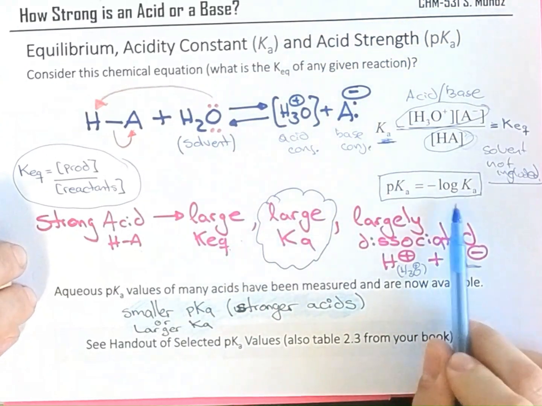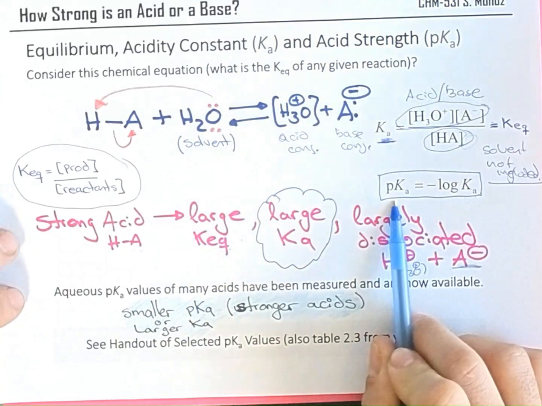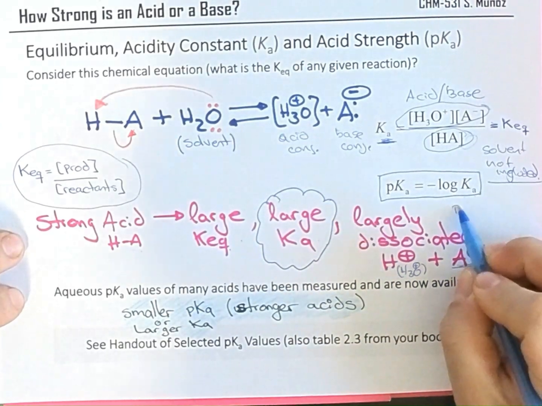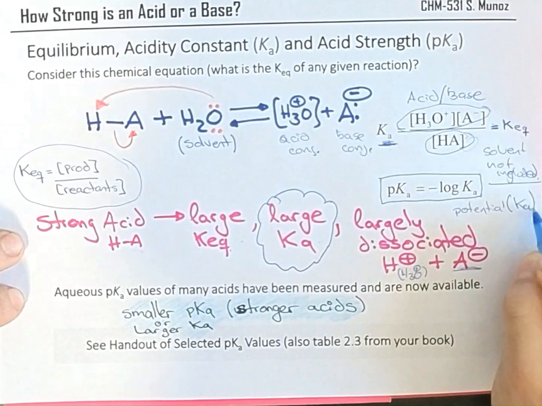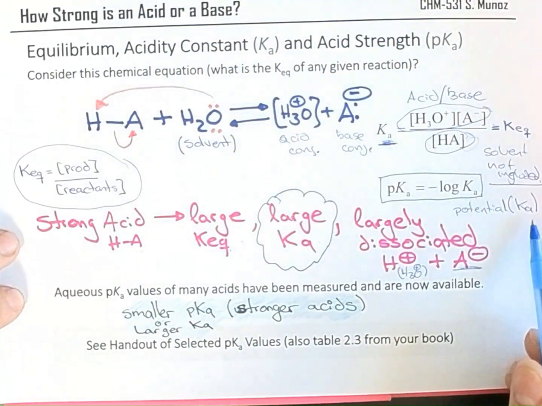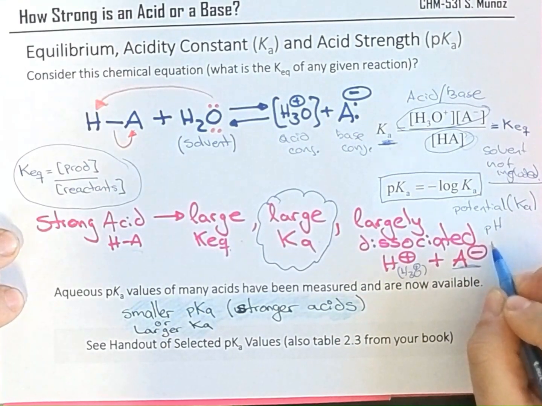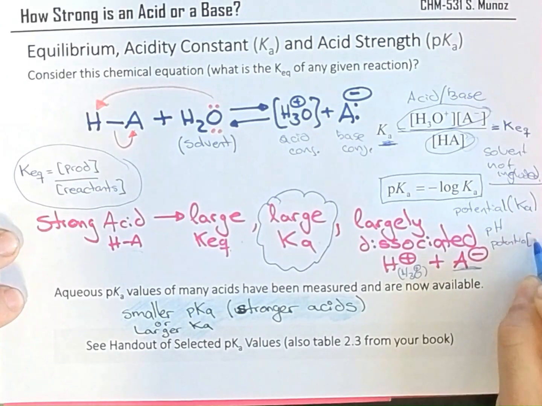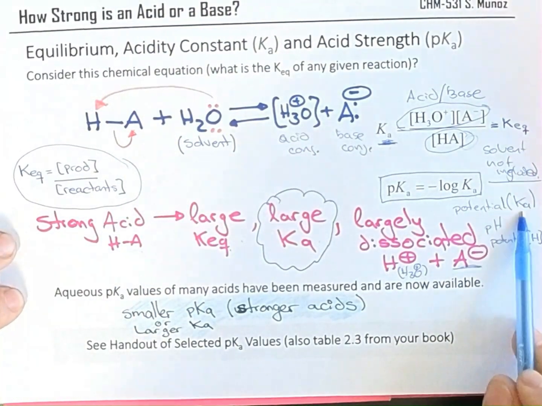If we take the negative logarithm of the acidity constant, then we generate a new number, which we call pKa, which stands as the potential of Ka. So the potential of any number, for example, the pH, would be the potential of the concentration of protons. But pKa is the potential of the acidity constant.